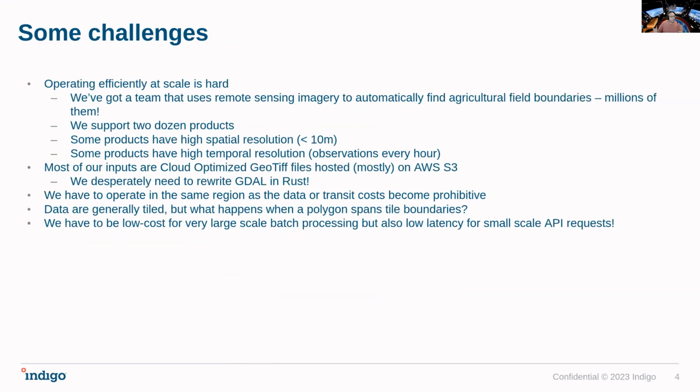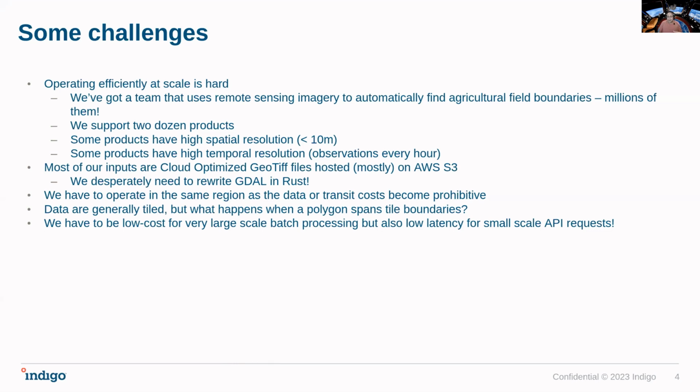All right, so how hard could that be? It doesn't sound like much, you just summarize some pictures, right? Yeah, it turns out operating it efficiently at scale is hard. We've got a team that has world-class experts in image segmentation, and so they've been able to develop models that allow them to take imagery and find all the cultivated fields in the world. Even when we're just looking at the continental US, that's millions of fields.